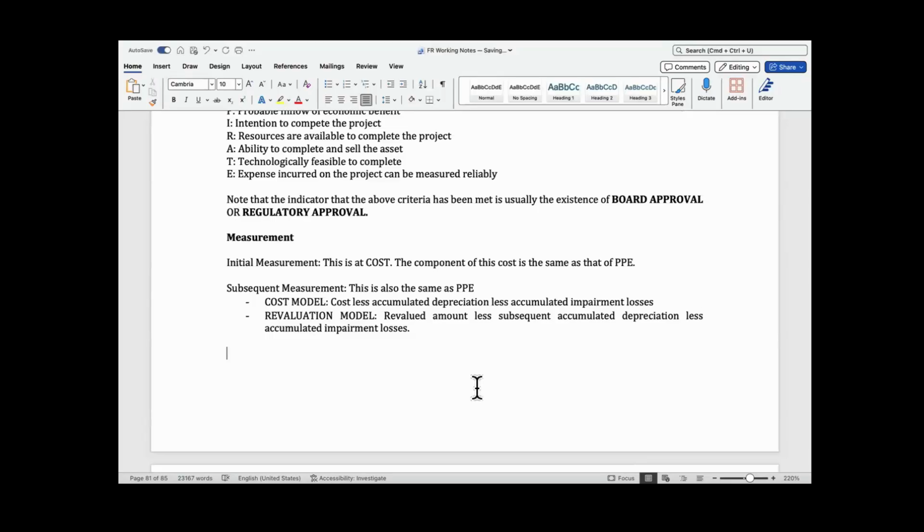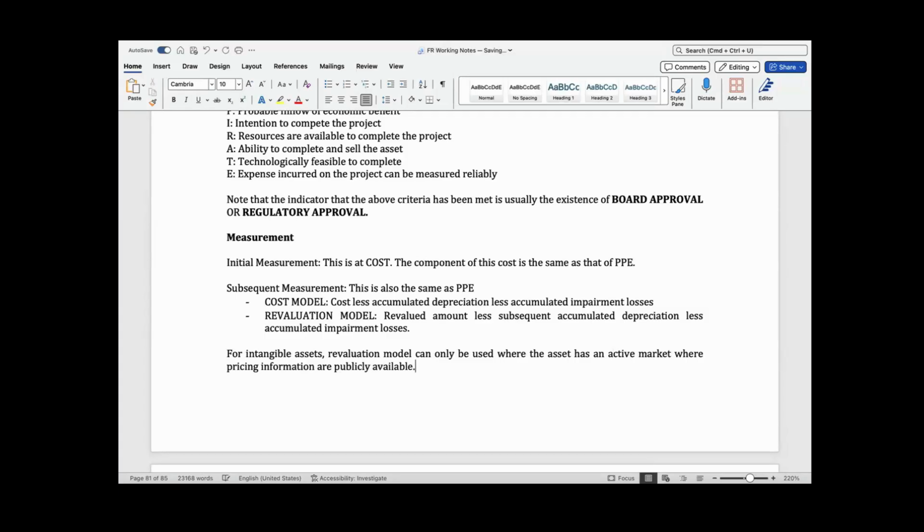So, you see, for intangible assets, the revaluation model can only be used where the asset has an active market where pricing information is publicly available.